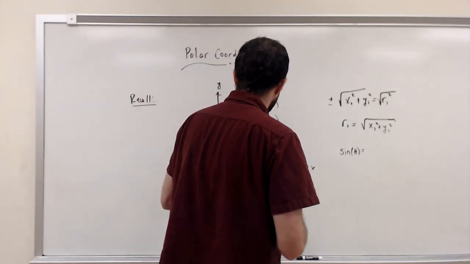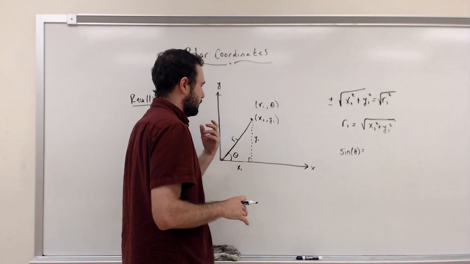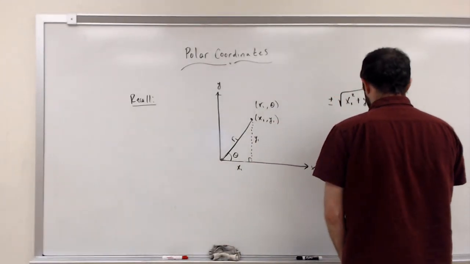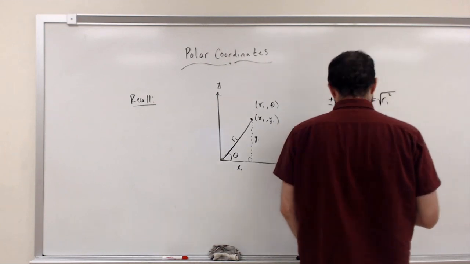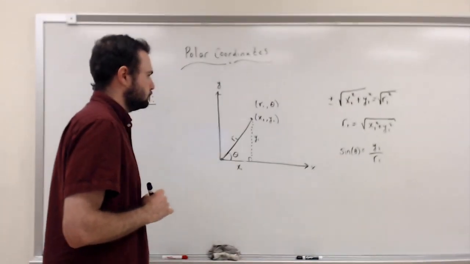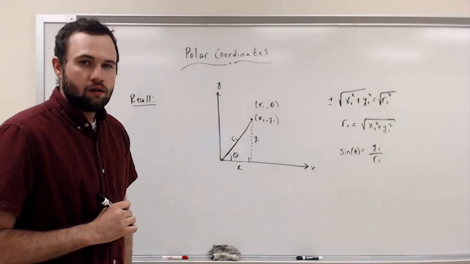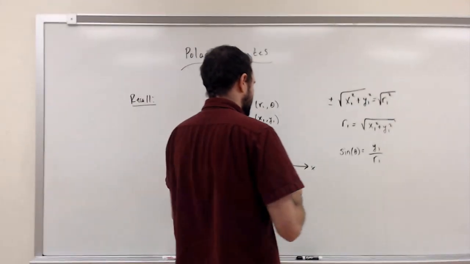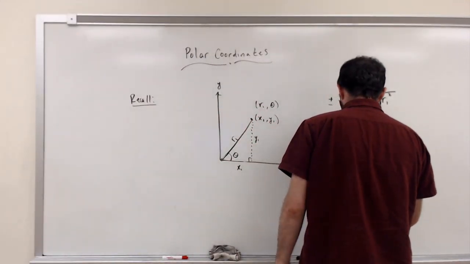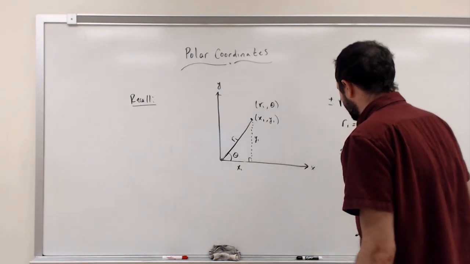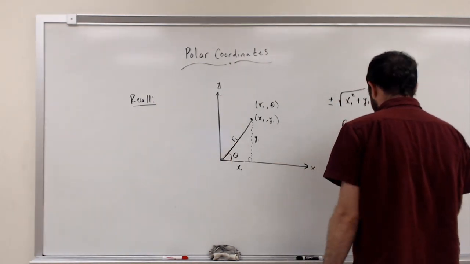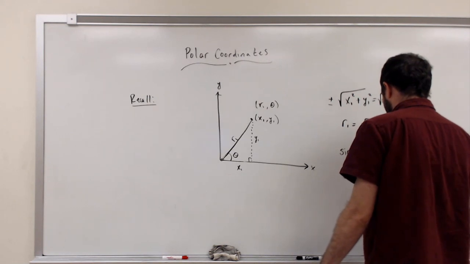Sine of theta is opposite over hypotenuse, so y1 over r1. What about cosine of that same theta? It is adjacent over hypotenuse. So x1 over r1.